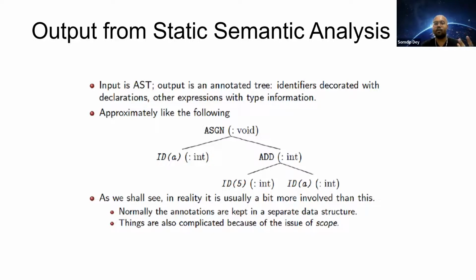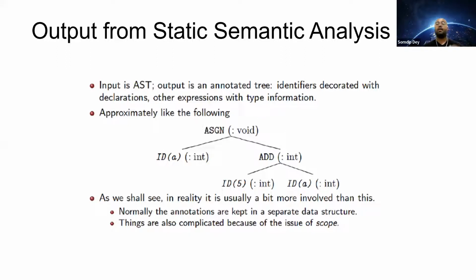Then it goes through parsing, and the parser generates the AST. The AST will look something like a connected to the assignment or equal sign. The assignment sign is connected to the addition sign, and the addition sign is connected to 5 and a.